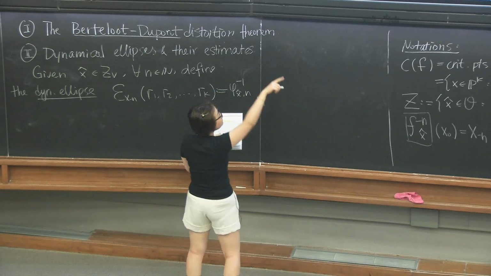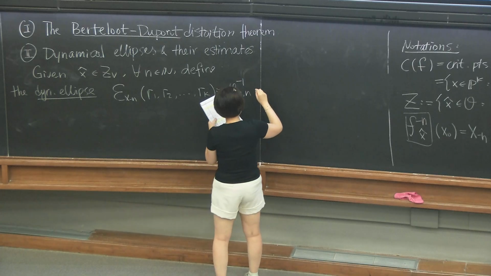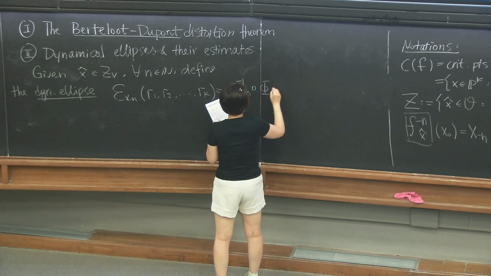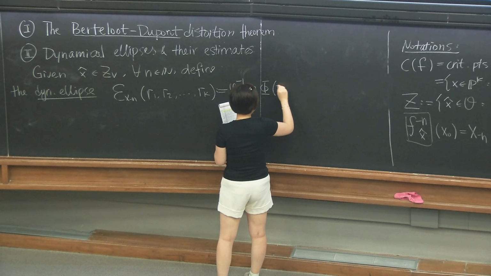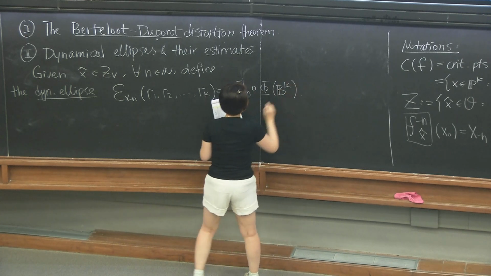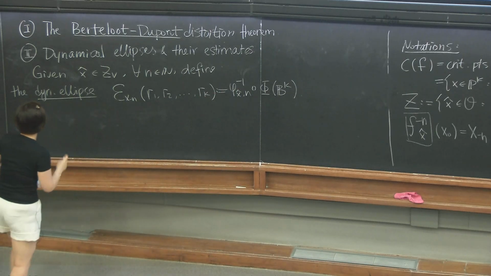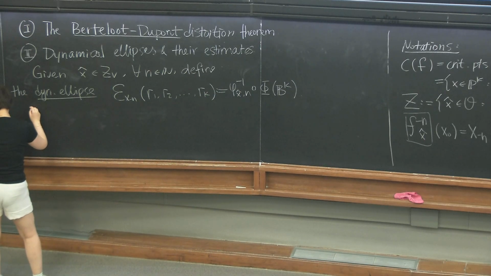This is defined as the first map coming from over there. So it's the phi map, right? And you compose with big phi of the unit ball to the power of k. So what is this big phi map?